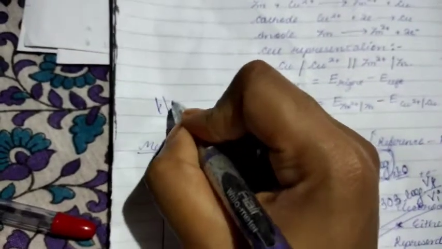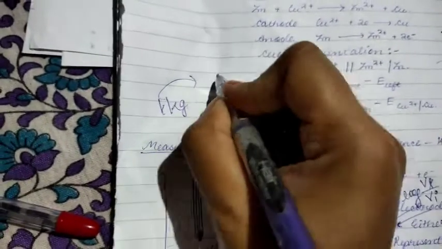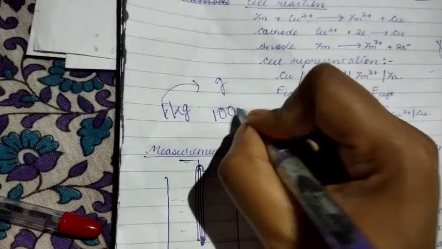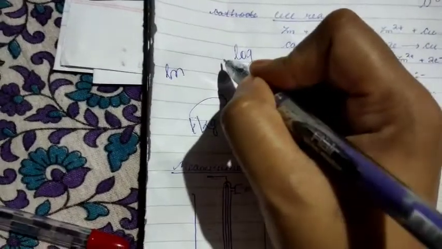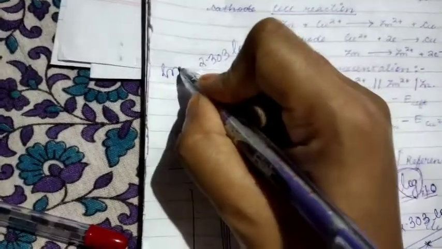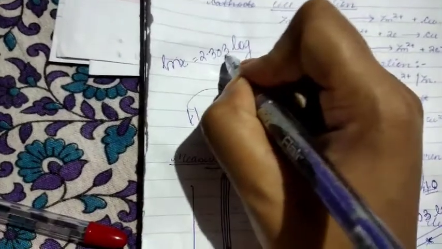It's like taking 1 kg and wanting to convert to gram. What is the changing value? 1000 gram, right? Similarly, when you convert ln to log, you have to use the term 2.303. If it is ln x, it will become 2.303 log x. Is it clear?